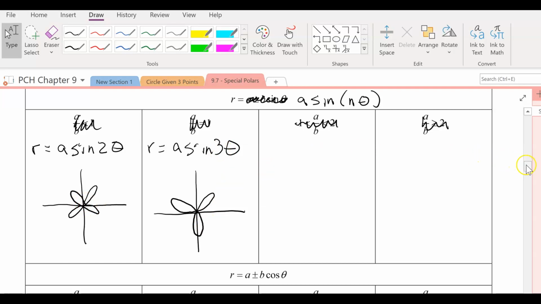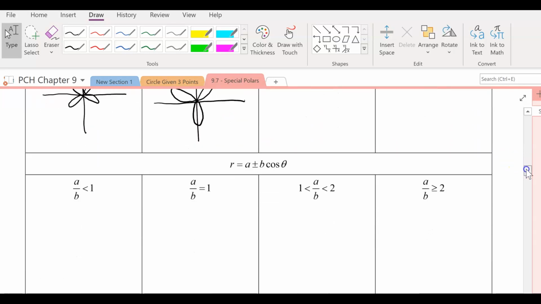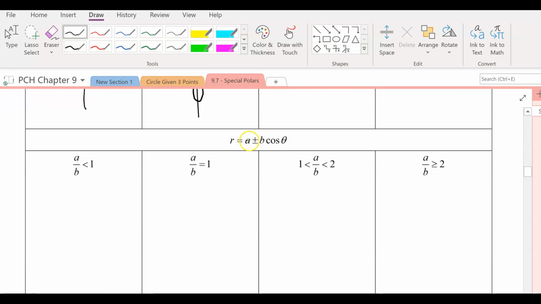So moving on to what the cosine ones will look like. So this should be a cosine n theta. And again, we'll look at when n is equal to some generic value a, cosine 2 theta.